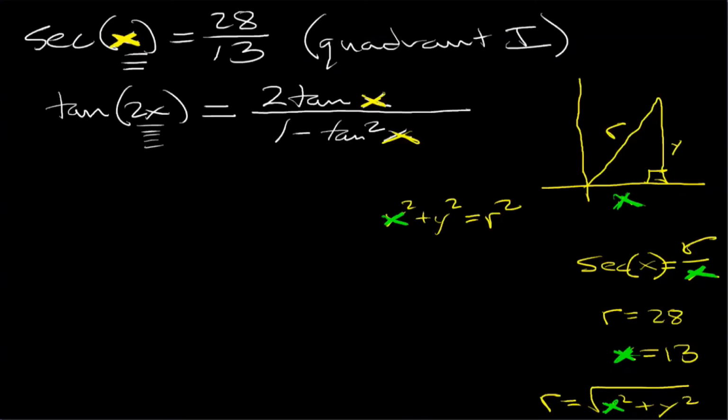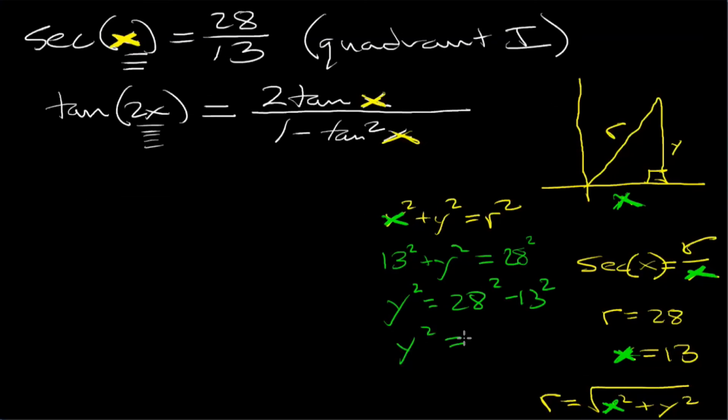So if we plug in our information, I know that x was 13. I don't know what y squared is. R is 28. And then y squared would equal 28 squared minus 13 squared.